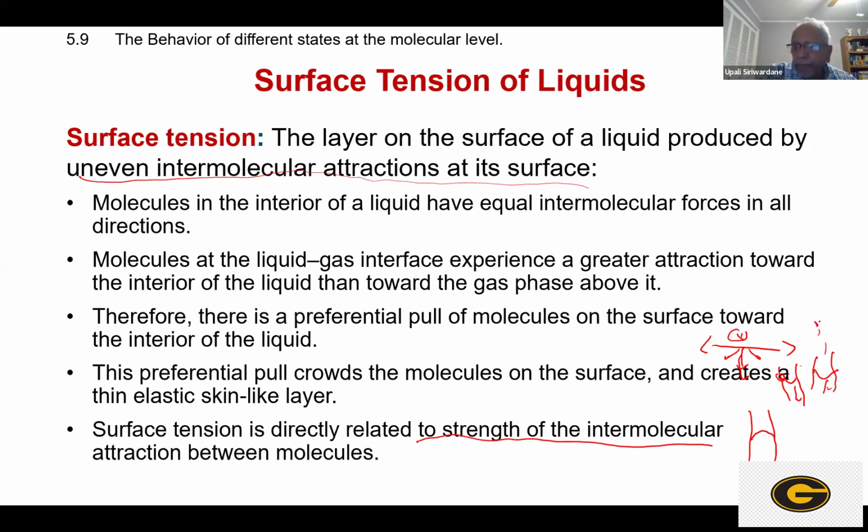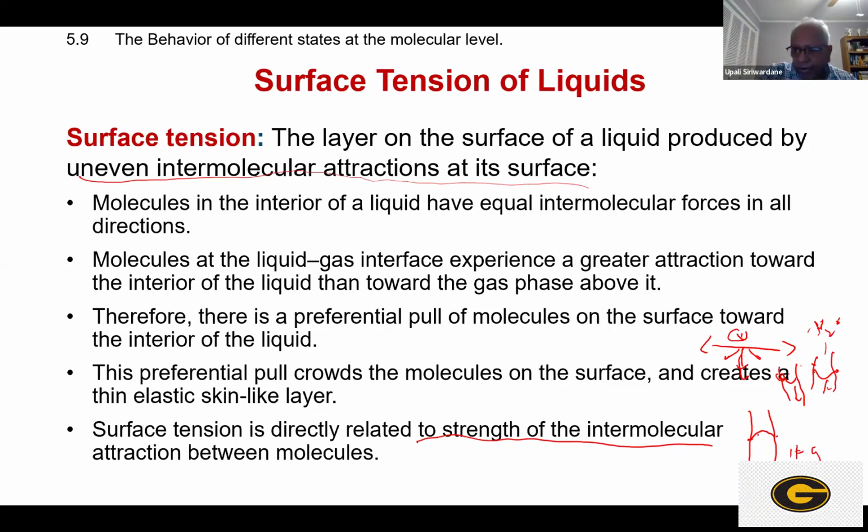In water and glass, this is this way, because the water and glass have higher attraction. In here, water, glass, and mercury, this is mercury.